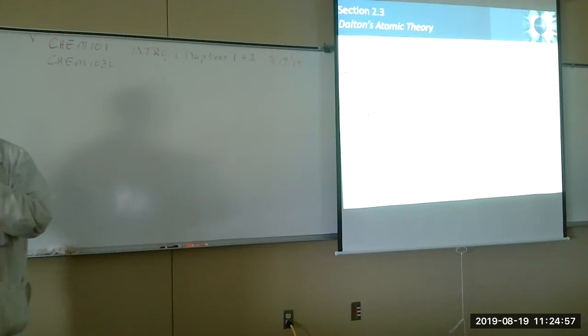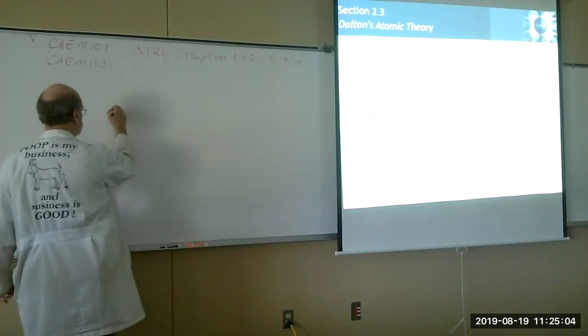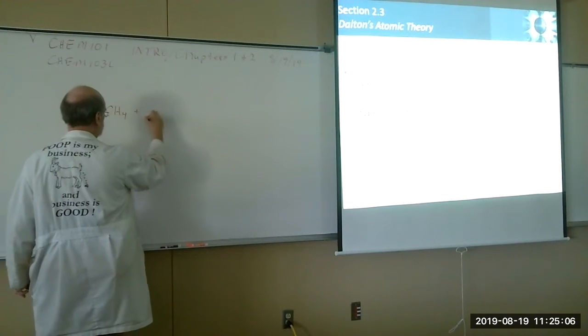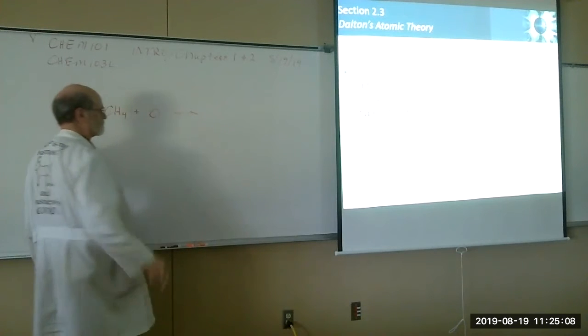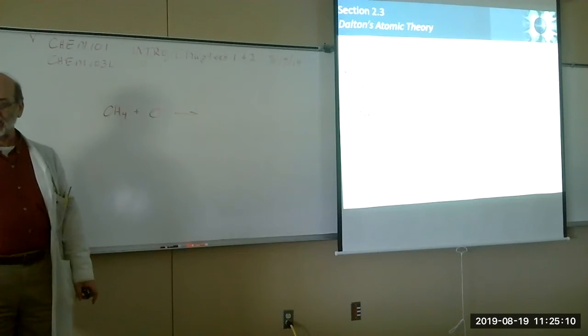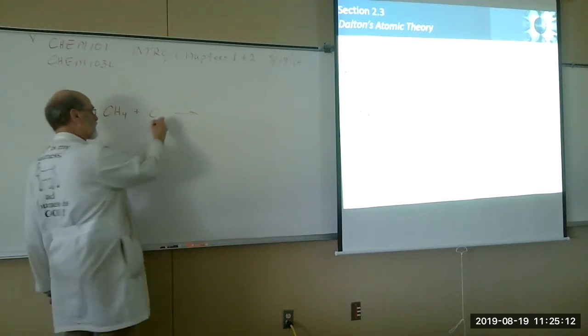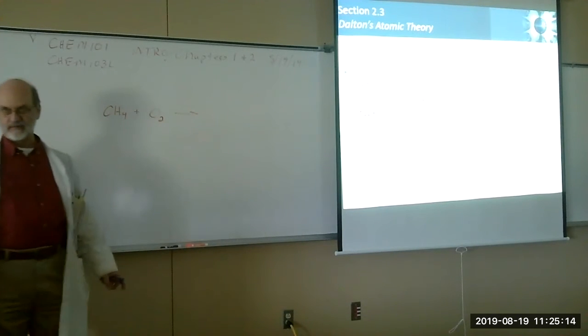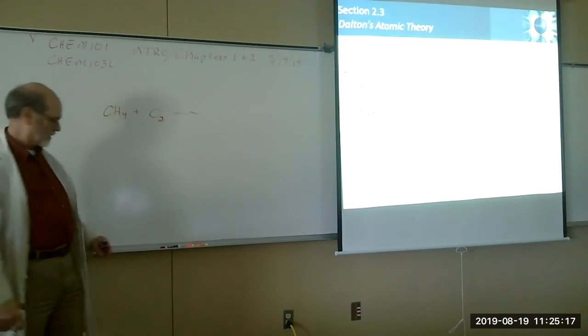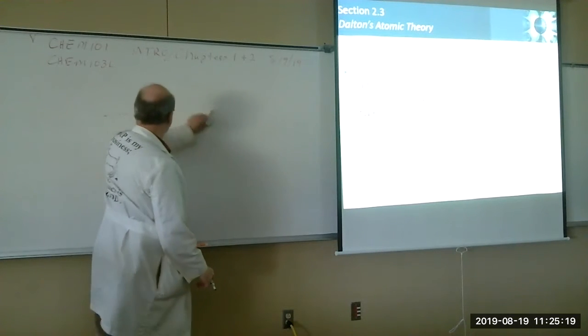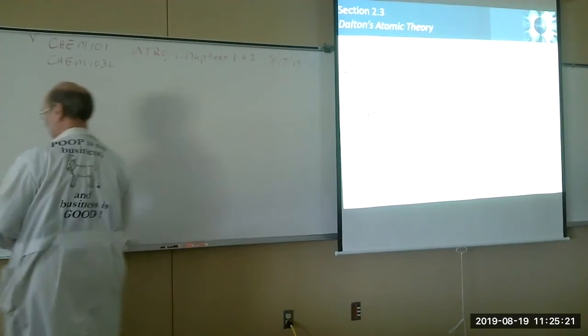You need to know that, because if a word problem says react methane with oxygen, you don't react methane with oxygen to get something. Oxygen is a diatomic. At standard temperature and pressure, it's always 2 of them. Okay, that's important. Fortunately, there are just a few diatomics.